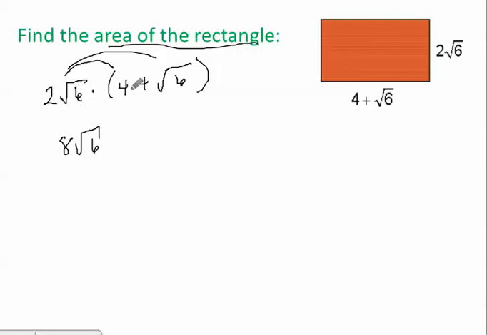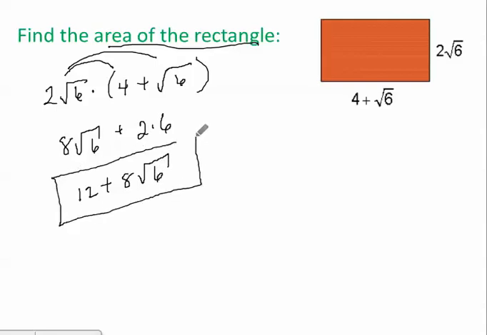How did I get that? 2 times 4 is 8. 8 square roots of 6. And then 2 times the square root of 6 times the square root of 6, which is just 6, gives 12. So I'm going to get 12 plus 8 square roots of 6. That would be my final answer.